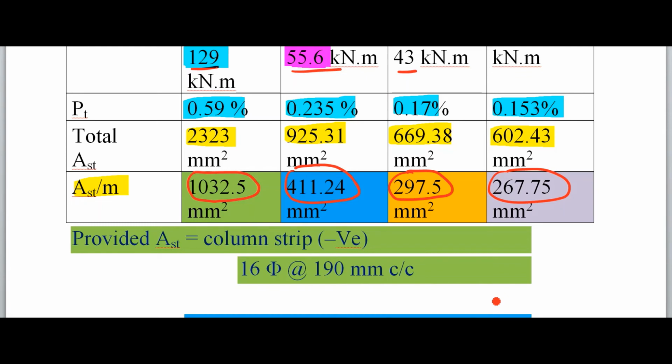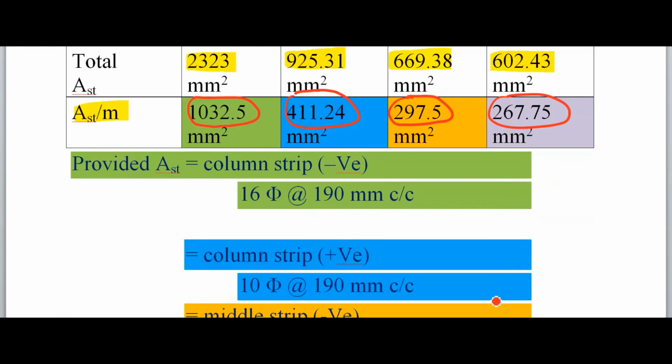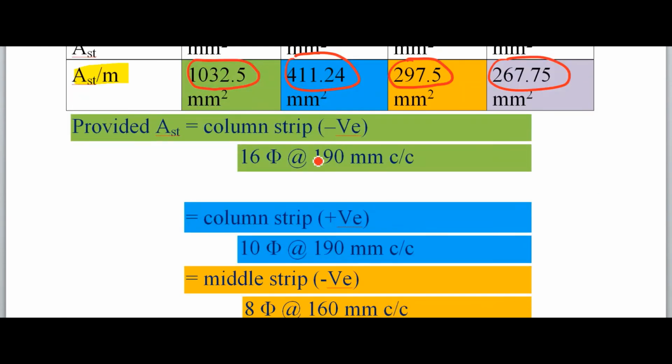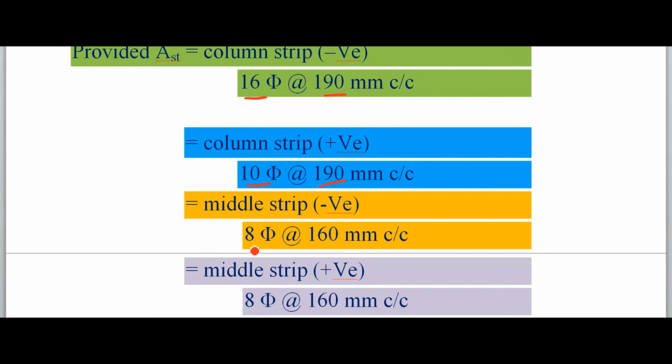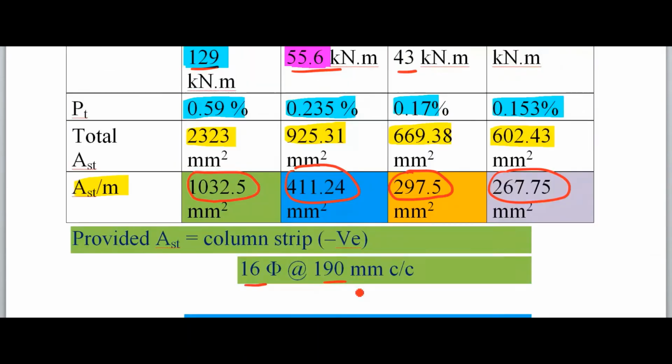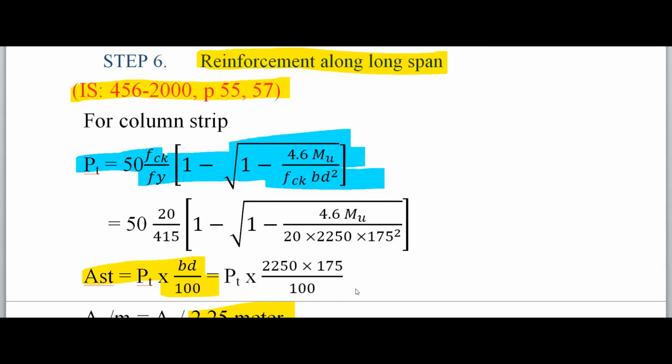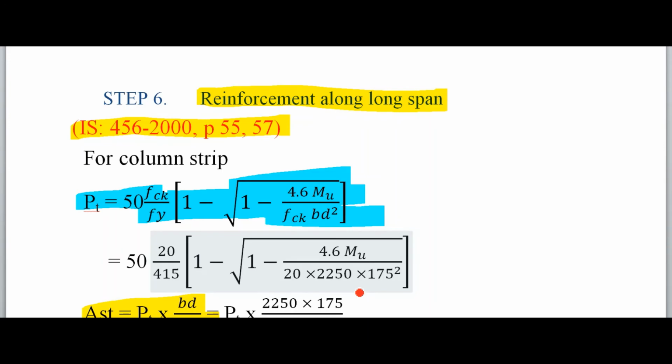Then you can see the provided steel: column strip negative 16 mm diameter at 190 mm center to center, 10 mm diameter at 190 mm center to center; middle strip 8 mm diameter at 160 mm center to center, 8 mm diameter at 160 mm center to center. Right? So this completes the design along the longer span.